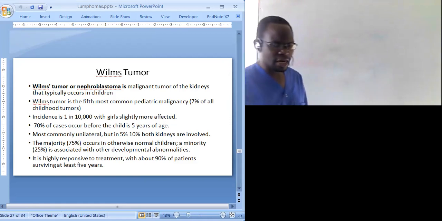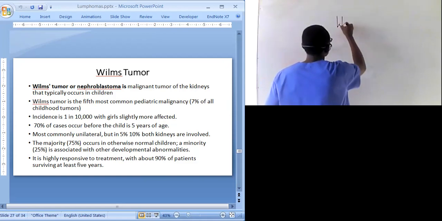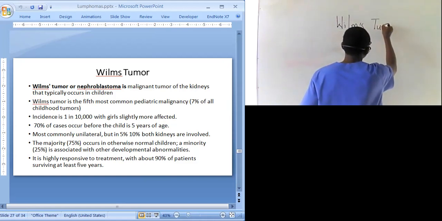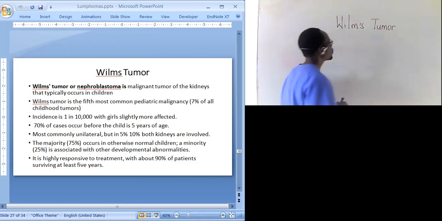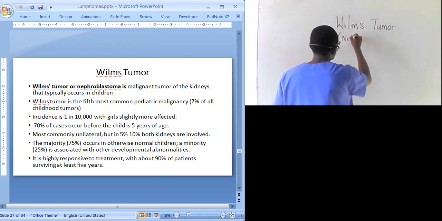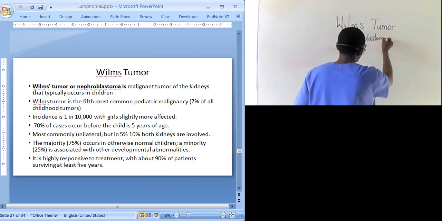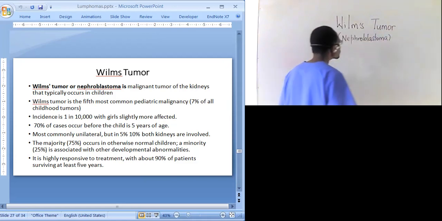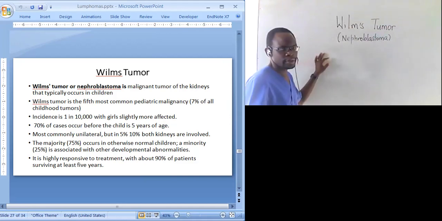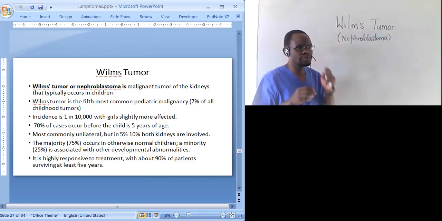All right, so let's talk about Wilms tumor, also referred to as a nephroblastoma.